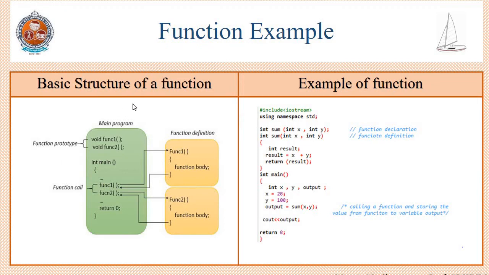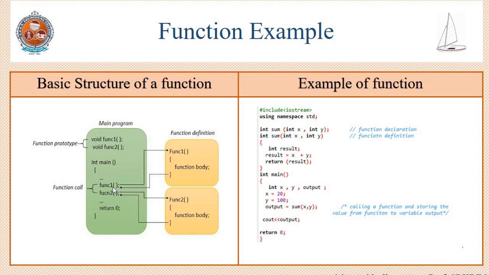And this is the basic structure of a function. This is a main program where we are declaring a function prototype. In the main function we will have a function call. Here function1 is a function call.